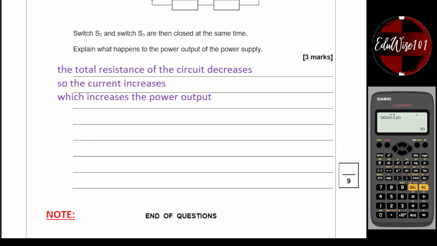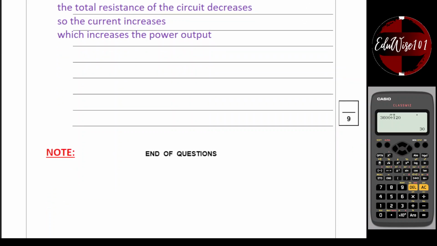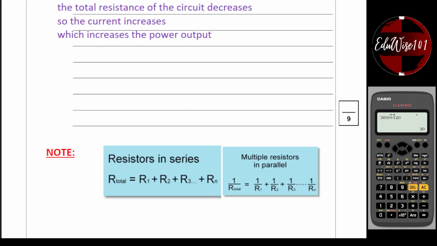So if I was to give you a little bit of notes, if you have resistors in series, the total resistance simply adds up depending on the number of resistors you have. Now, if you have resistors in parallel, this is the equation that you will be using. If you use this equation, you'll find out that the resistance actually drops. So the total resistance of the circuit decreases.